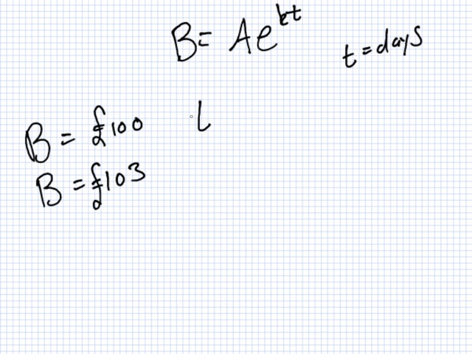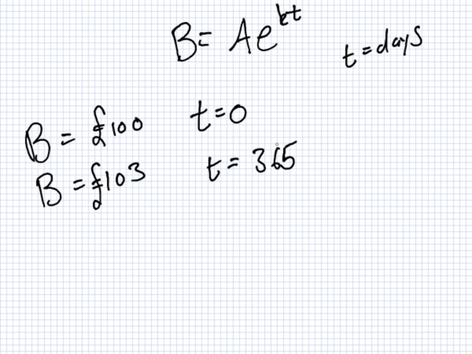So at the beginning, the time is 0, and at the end, 365. This is enough information to find the A and the K. If you think about it, when we had a straight line, you need 2 points.